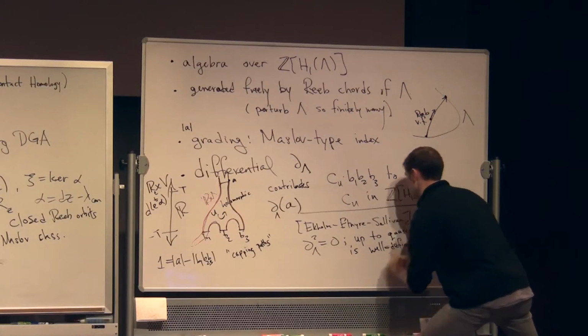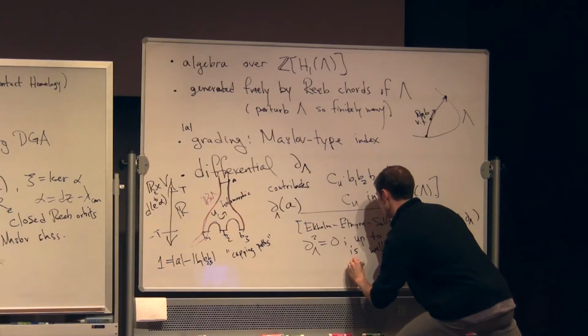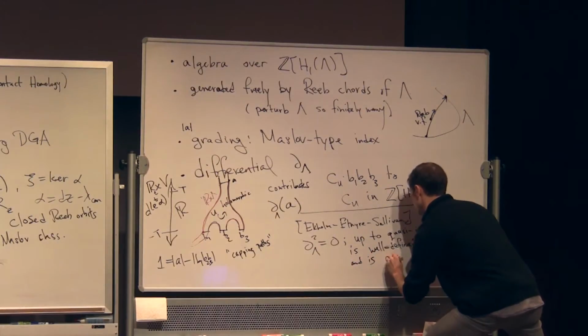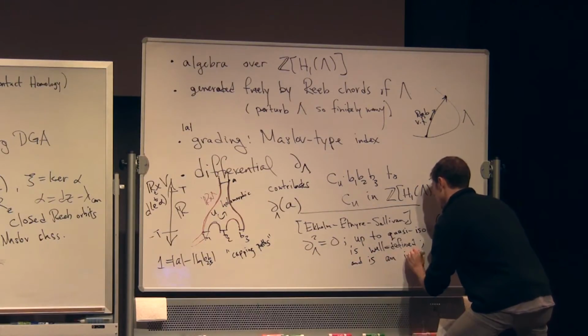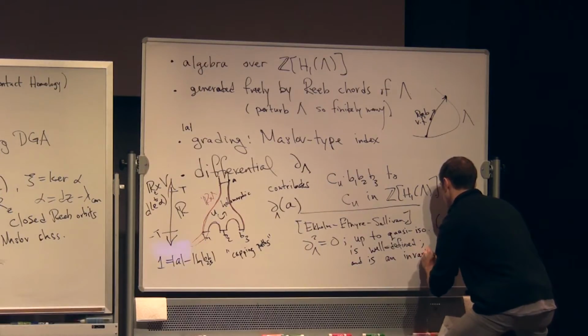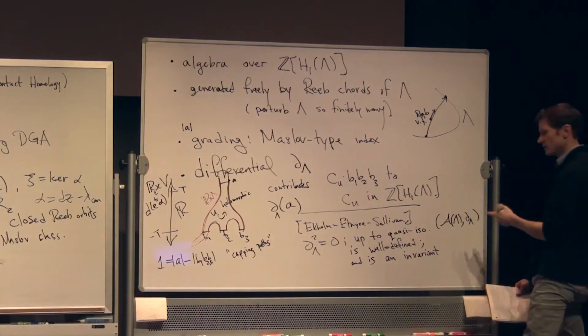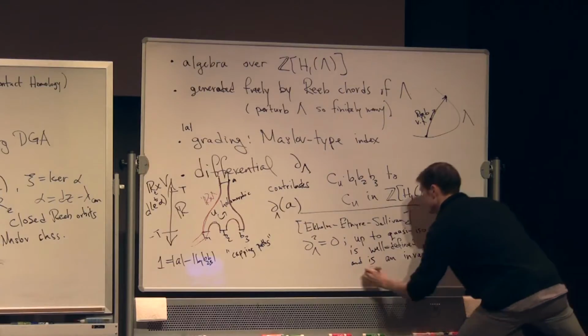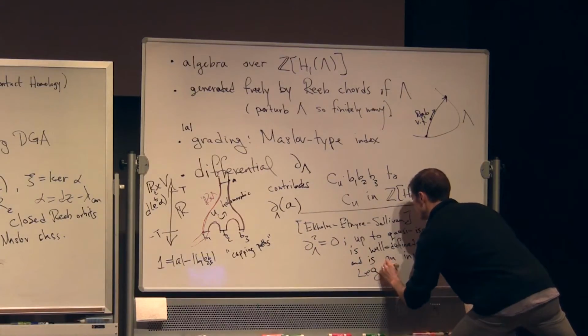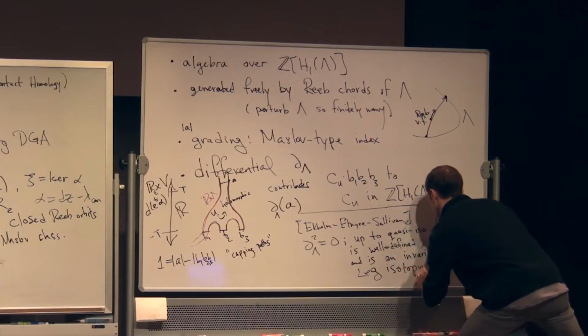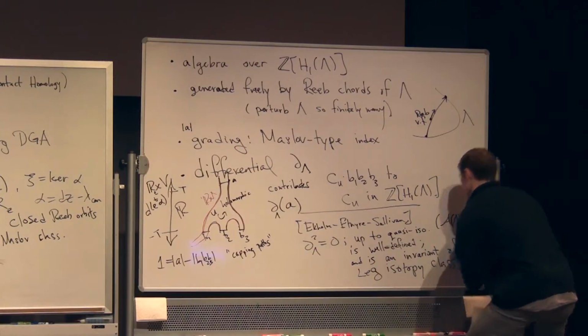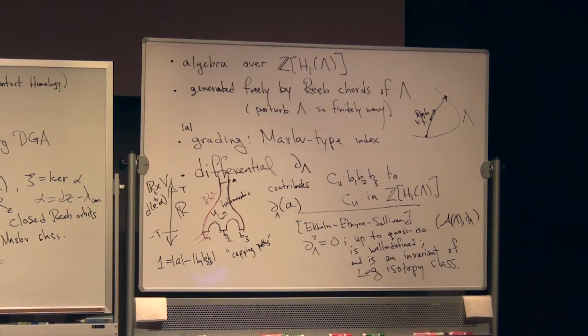But it's also an invariant of the Legendrian isotopic class of lambda. Okay, any questions or comments about that?